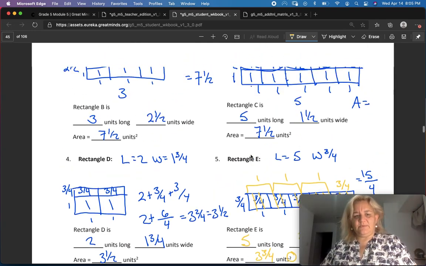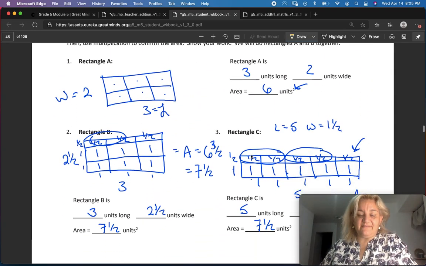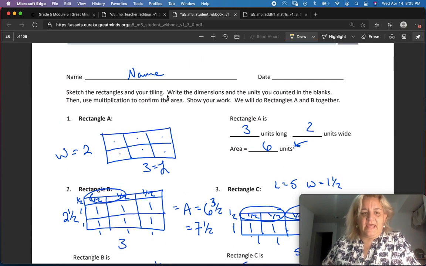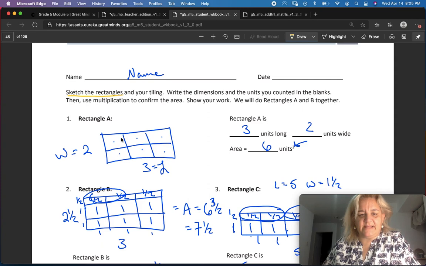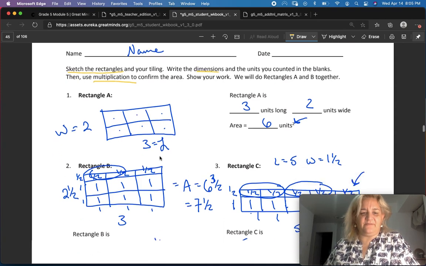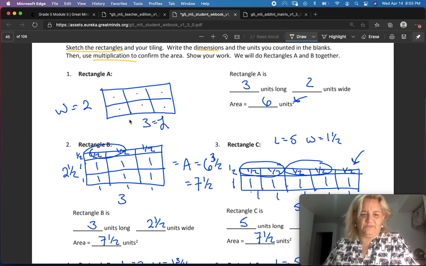Okay, so we just did 5 examples, and we sketched the rectangles and we used tiling, so we created tiles. We wrote the dimensions, okay? We used multiplication to confirm the area. Well, let's do that really quickly. 2 times 3 equals 6.